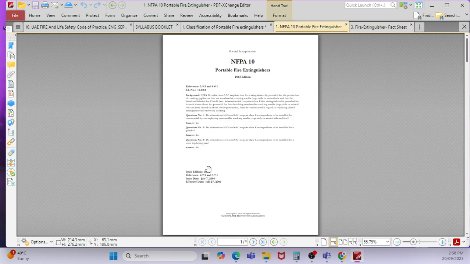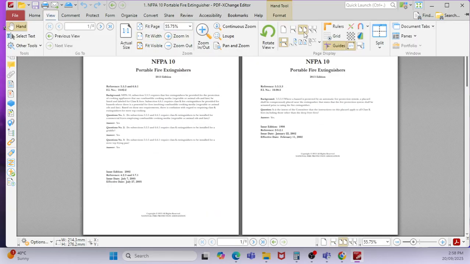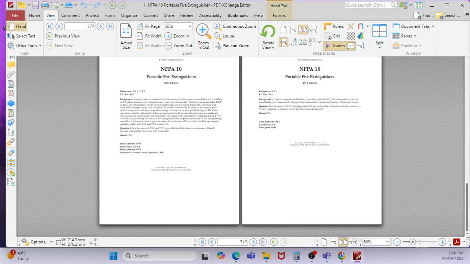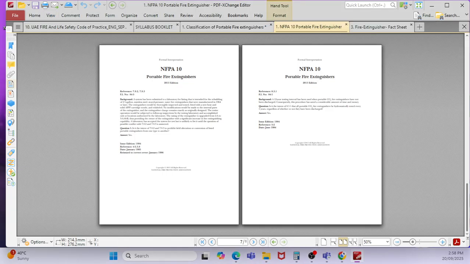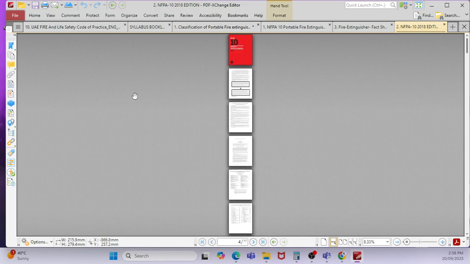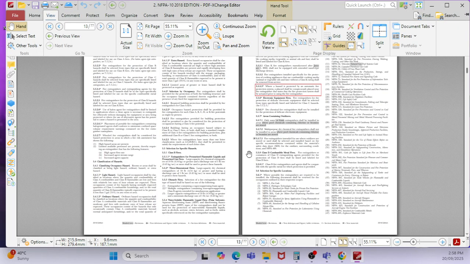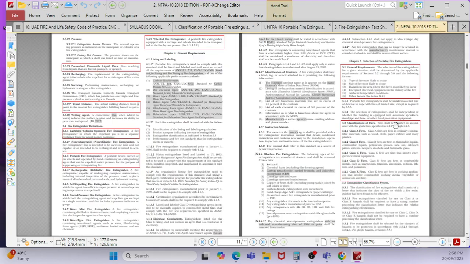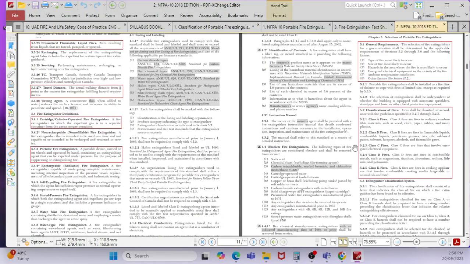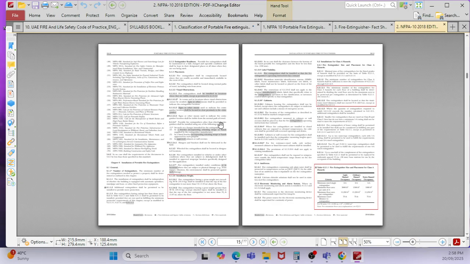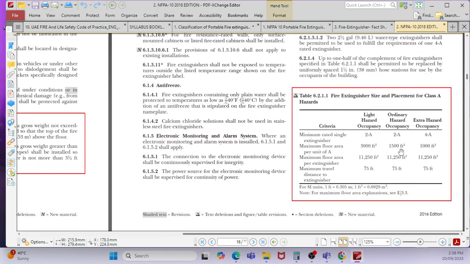If you go to NFPA 10, we have the same thing, the classification of fires. You can see all the classification here, and here you can see light hazard 2A, ordinary hazard 2A, and extra hazard 4A.